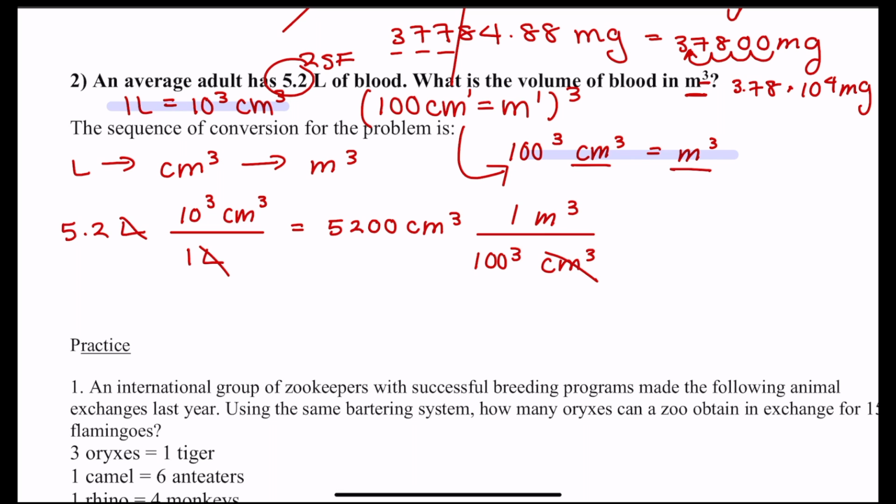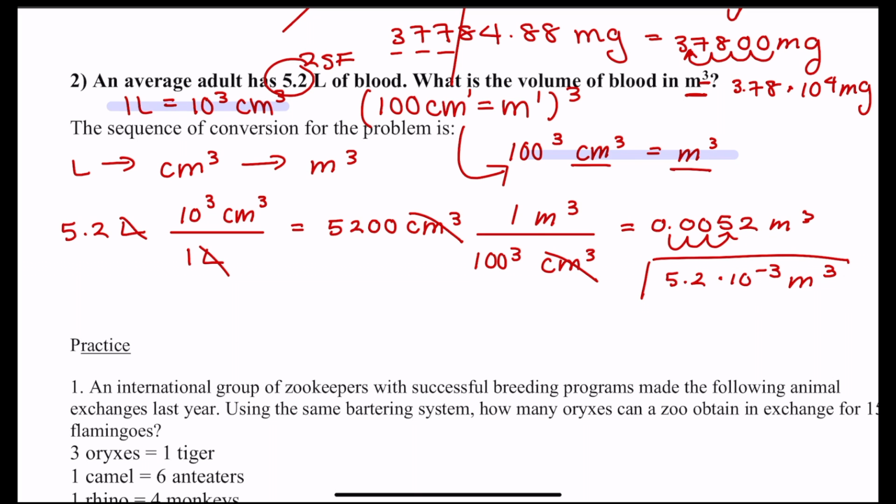The centimeters cubed cancel out and we just divide by 100 cubed, leaving us with 0.0052 meters cubed. We like to have it in exponent form, so it goes 1, 2, 3 to the right. That means 5.2 times 10 to the negative 3rd meters cubed, and that will be our final answer.